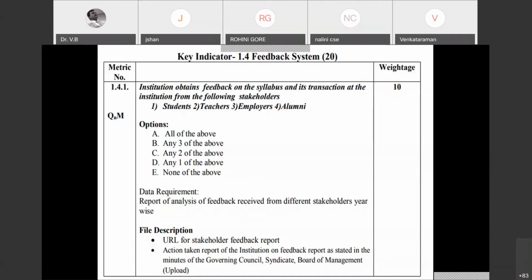Now remember, here in this 1.4.1, if my answer to subheading number 4, feedback from the alumni, is yes. If you remember, when we were entering the student data, we gave the number of students in every year, which means my alumni data is also available with the data validation verification committee.